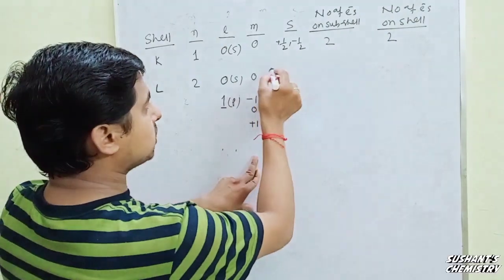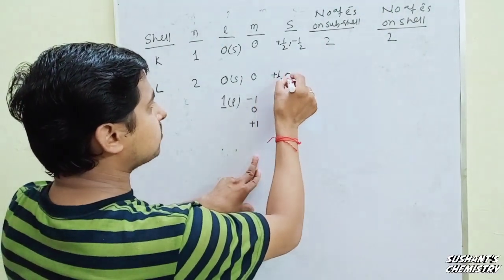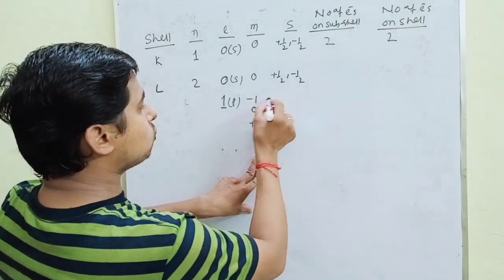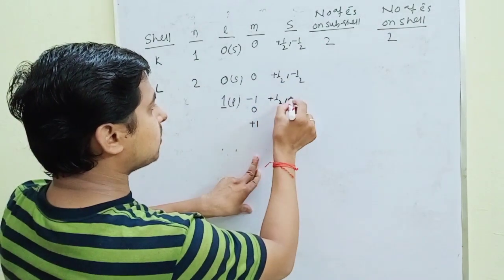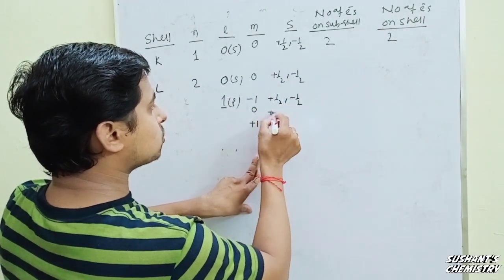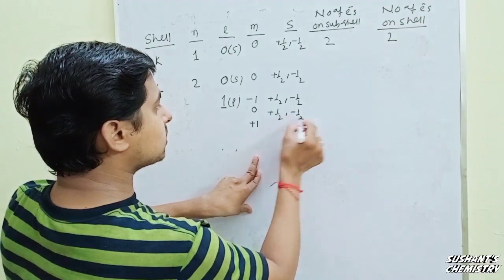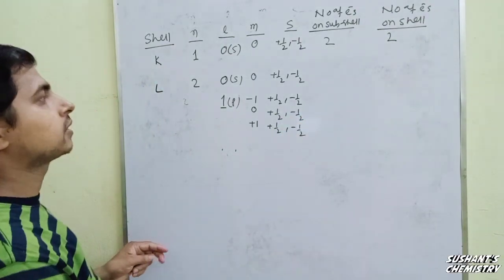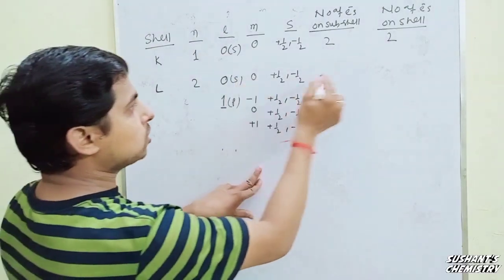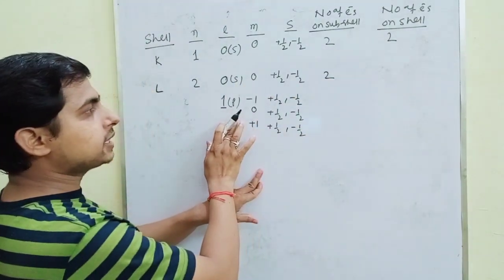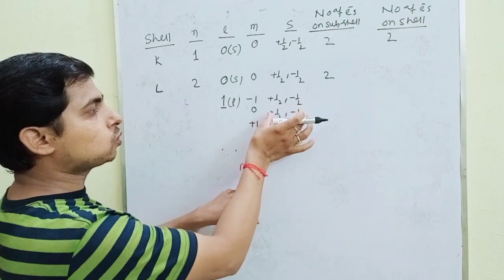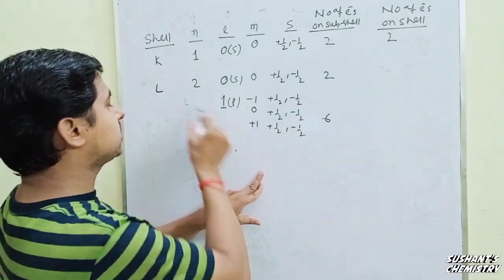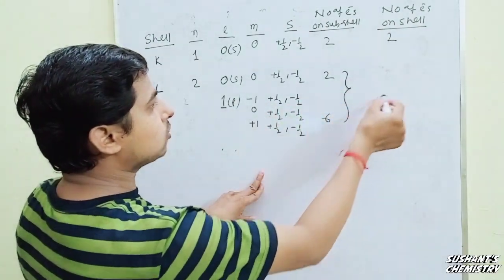Each orbital has 2 electrons, plus half and minus half. That means the S subcell contains 2 electrons and the P subcell contains 6 electrons: 2, 2, 2, that is 6. That means the L cell contains 8 electrons.